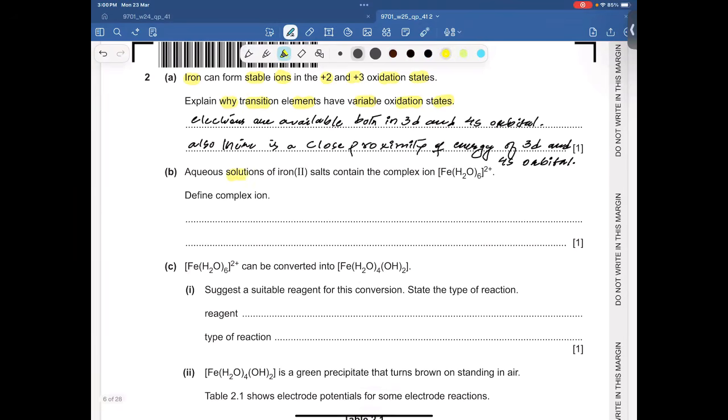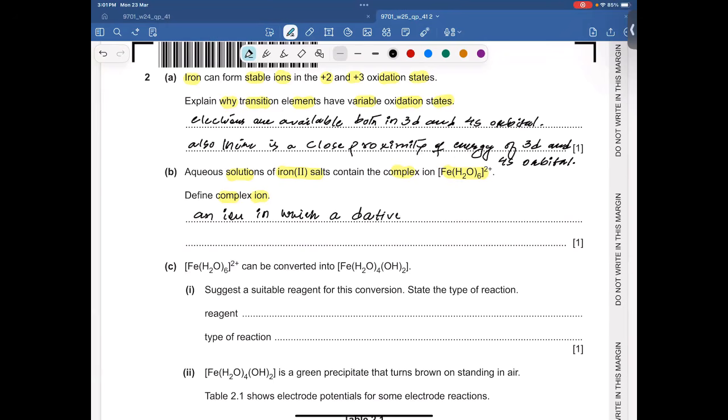Next part. Aqueous solution of iron 2 salts contain complex ions. Define complex ion. An ion in which a dative bond is formed.